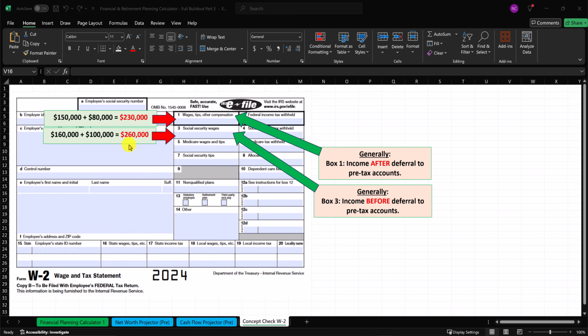Now let's just say that combined, these 2 individuals contributed $30,000 to a pre-tax account, for example, a 401k. So if that was the case, I would expect to see $30,000 less between the 2 combined W-2s showing up in box 1 right here.